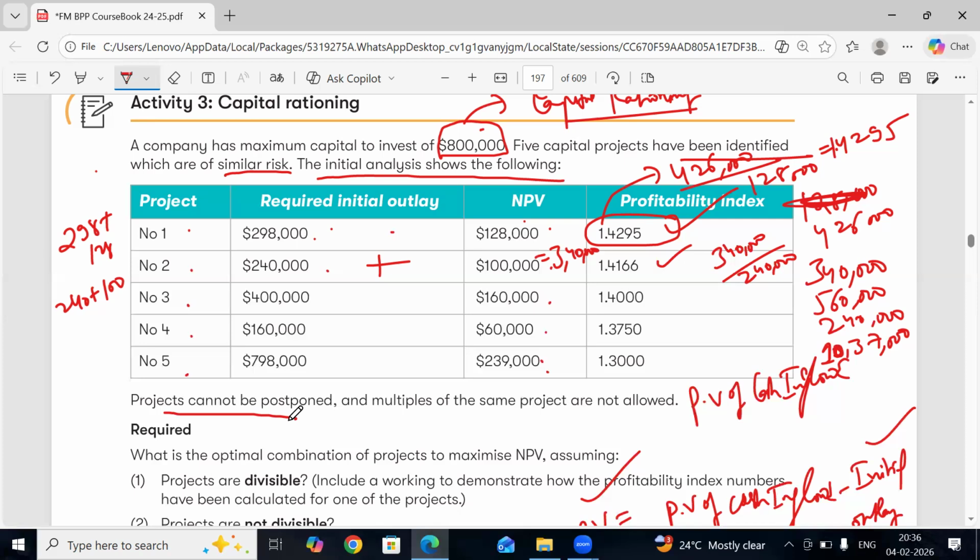So is this divisible or non-divisible? I'm asking. They are saying five capital projects have been taken and projects cannot be postponed. That means you have to take the projects.